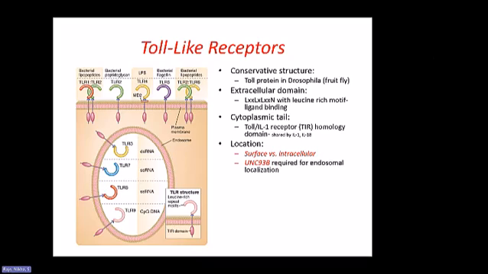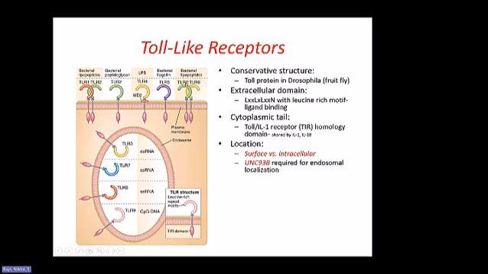And it was noted that the cytoplasmic domain, so the part that is in the cytoplasm of the cell, that domain of toll-like receptor is pretty similar to the receptor for cytokine IL-1. So it's called toll IL-1 receptor homology domain, or TIR domain. So this is very similar to what you would find in IL-1, IL-18, which have pretty similar structures as well.